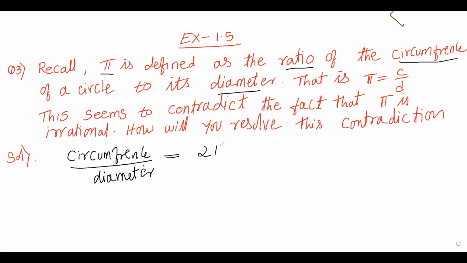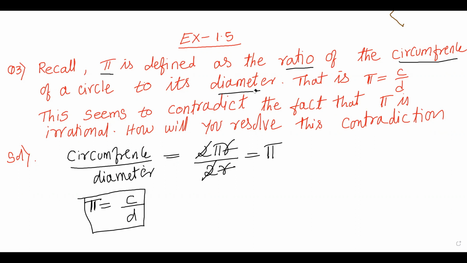Circumference formula is 2 pi r. Diameter is twice the radius. 2 cancels, r cancels, we get pi. So it is correct to say that pi is the ratio of circumference by diameter. This is absolutely right.